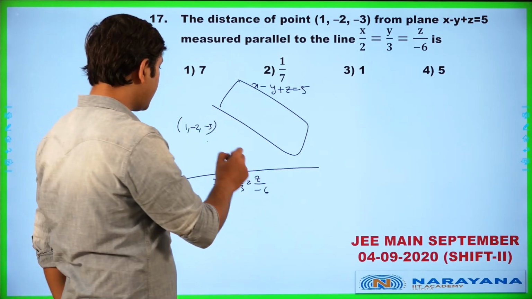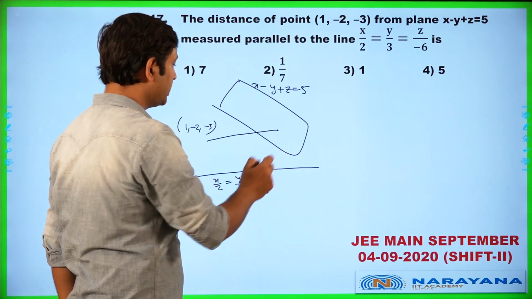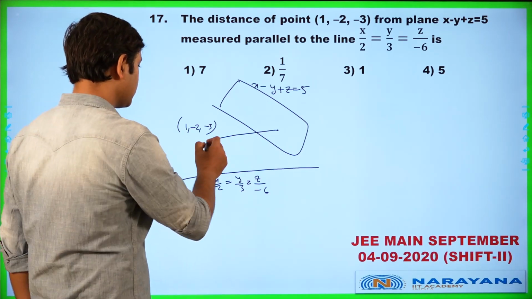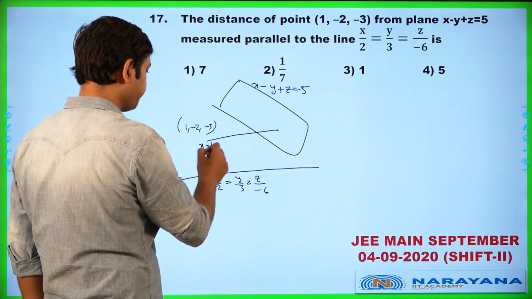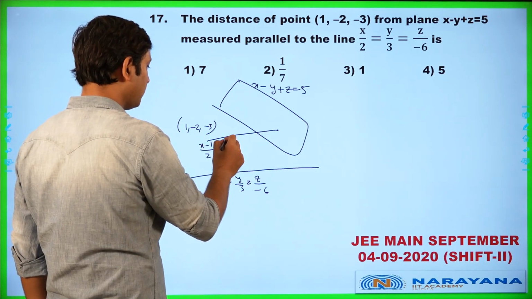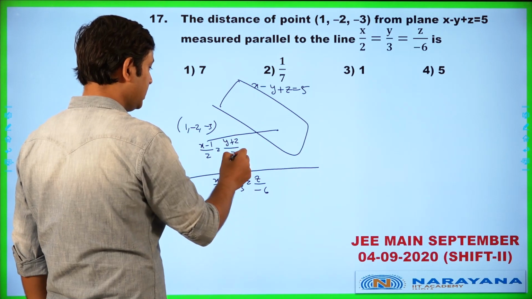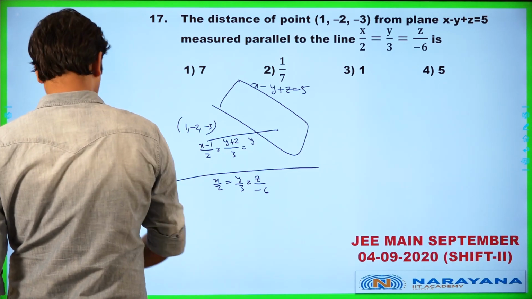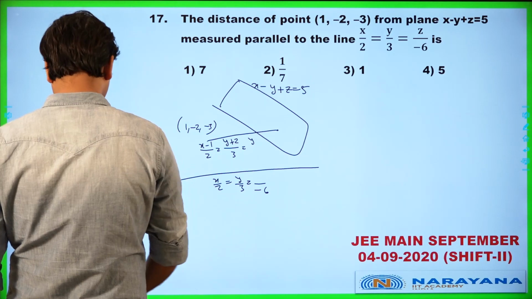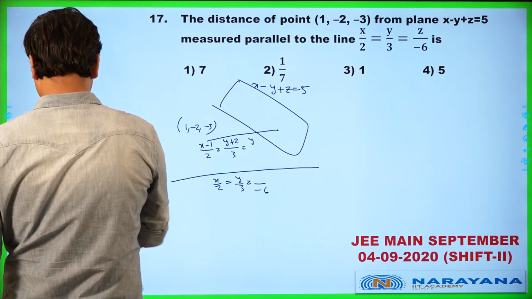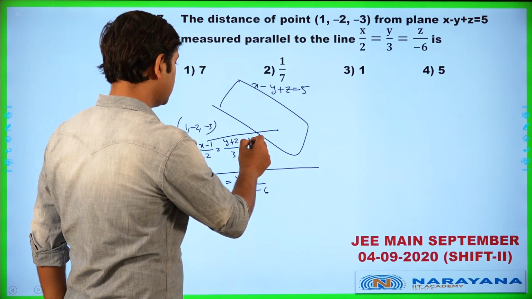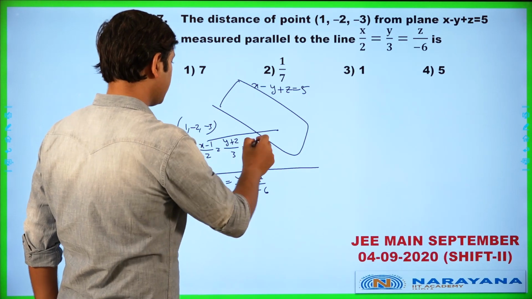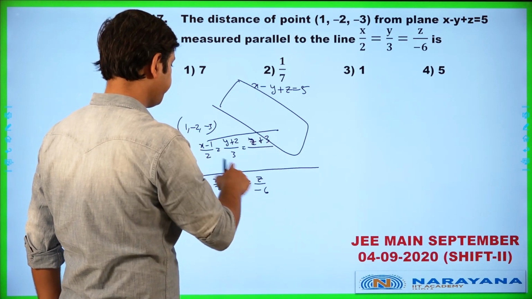So what we will do is imagine a line parallel to this line passing through this point and intersecting that plane. We can write the equation of that line as x minus 1 by 2 is equal to y plus 2 by 3 is equal to, here we have z plus 3 upon minus 6.